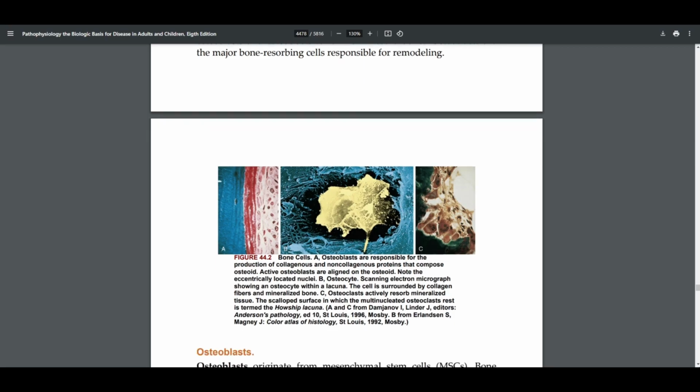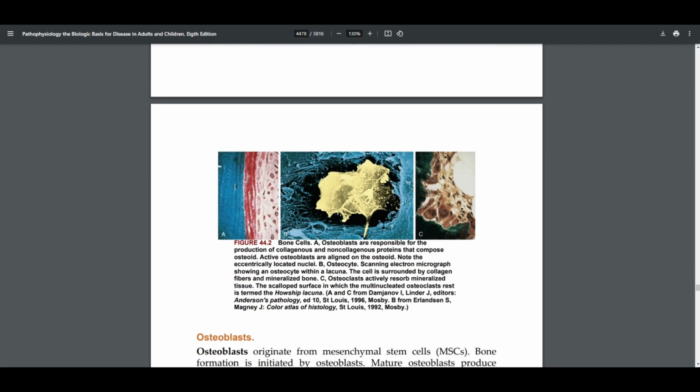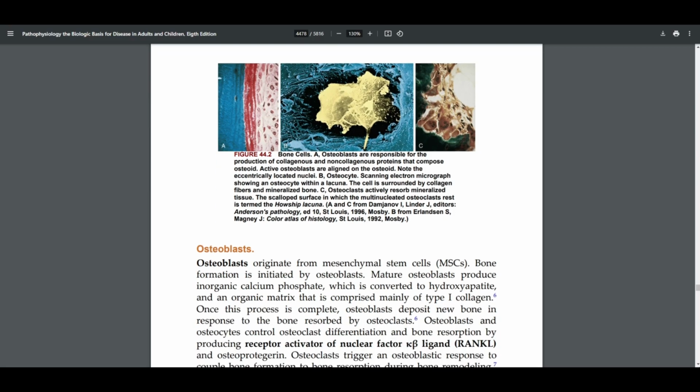So here you're taking a look at different types of bone cells. If we're talking specifically, osteoblasts originate from the mesenchymal stem cells. Bone formation is initiated by osteoblasts. Mature osteoblasts produce an organic calcium phosphate, which is converted to hydroxyapatite, and an organic matrix that is comprised mainly of type 1 collagen.